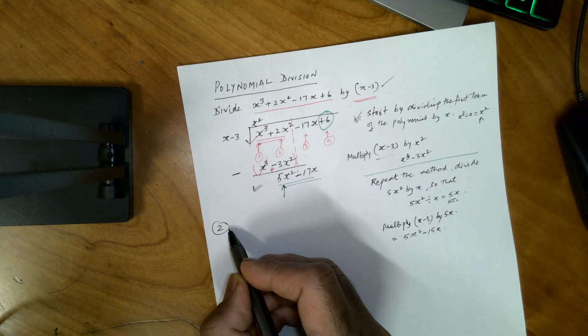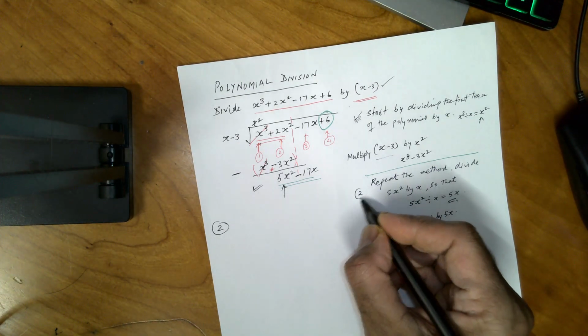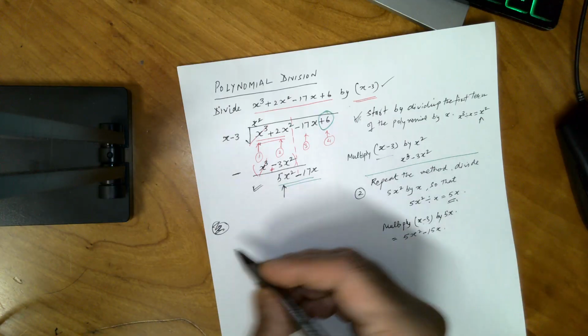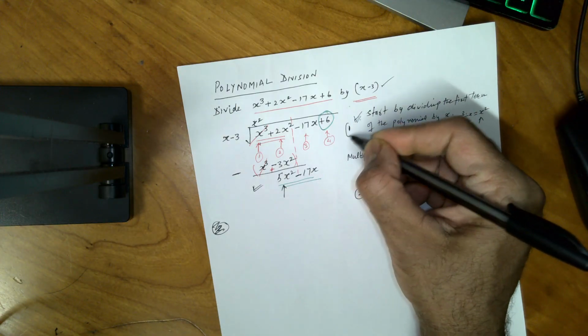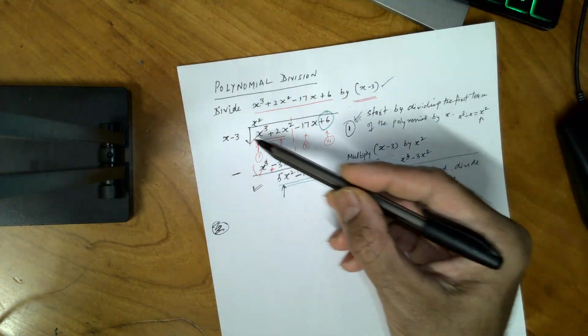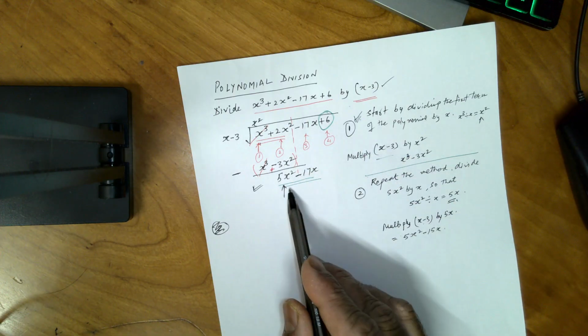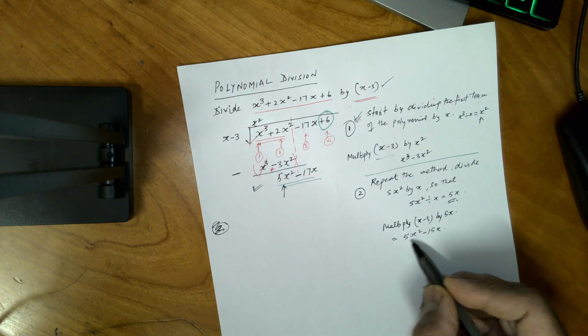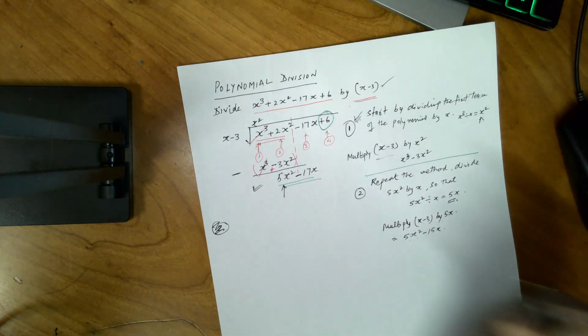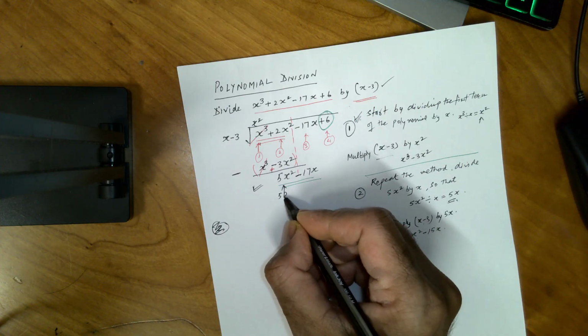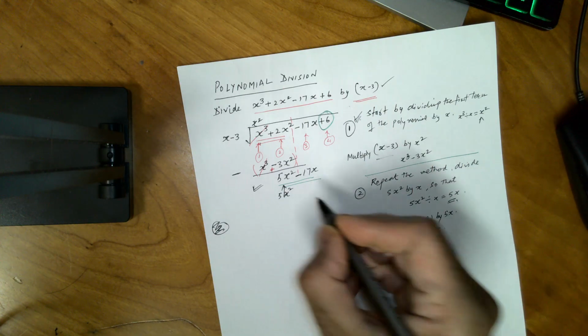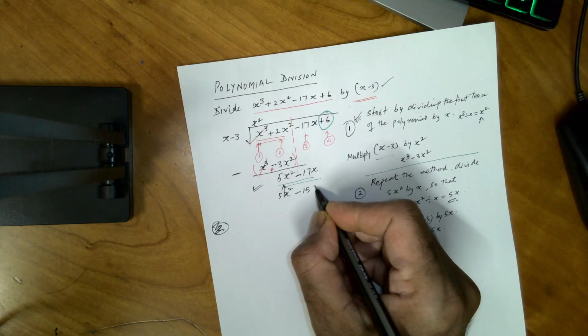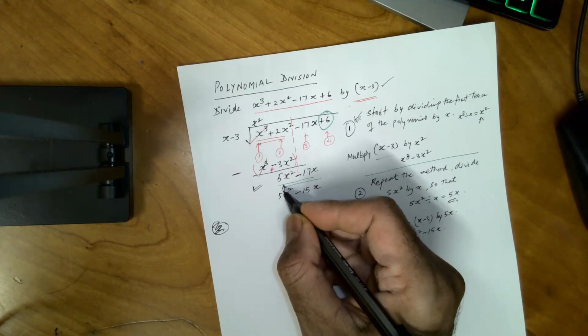I think I should write down here that this was the second step rather than the first step. So you know this is your first step, then your second. Because you're working with this now, you got 5x squared minus 15x, so you write this down here. Please ignore this arrow.